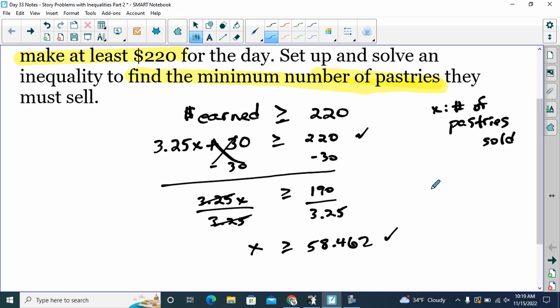Well, it can't be equal to 58.462. You can't sell 0.462 of a pastry. So they either need to sell 58 or 59. Notice x needs to be bigger than 58.4. 58 is not bigger than 58.4, but 59 is. They need to sell at least 59 pastries.